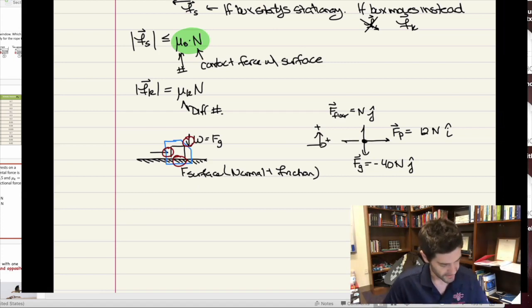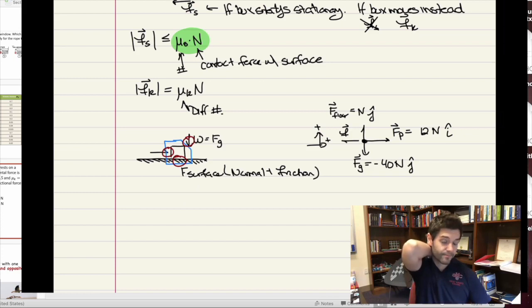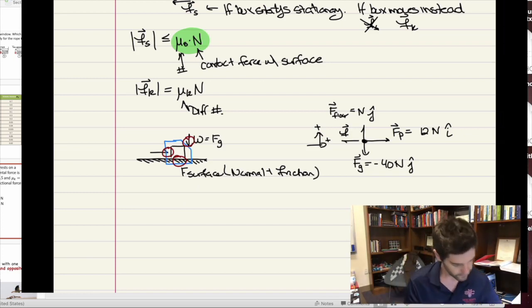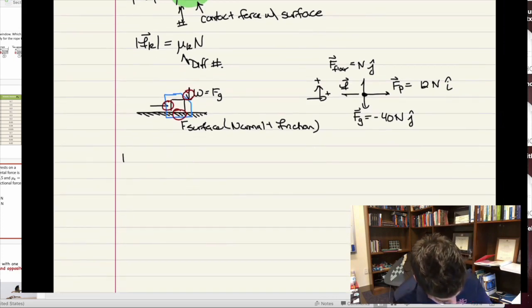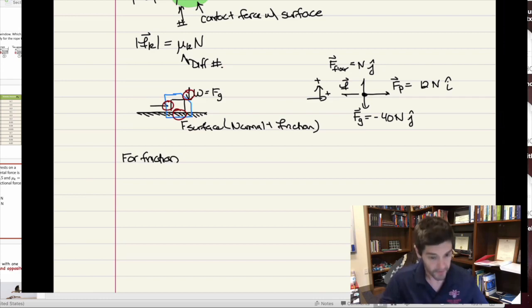And then there's some sort of friction force, which I'll just write as script F. This problem is asking you to decide whether it's static friction or kinetic friction, and depending on your answer, what then is the magnitude of the force? So for friction, the first question to ask is, does it move?